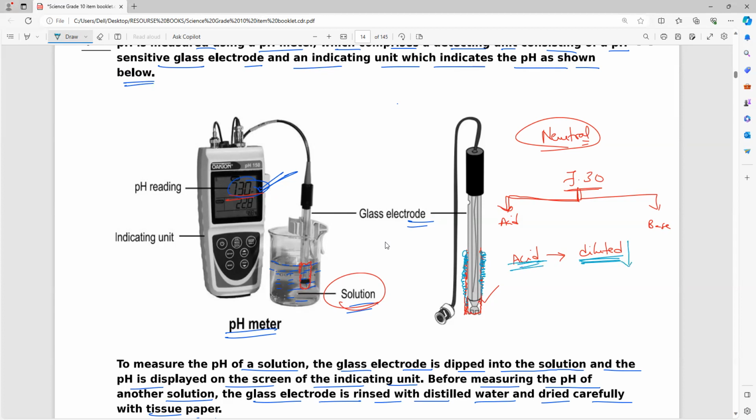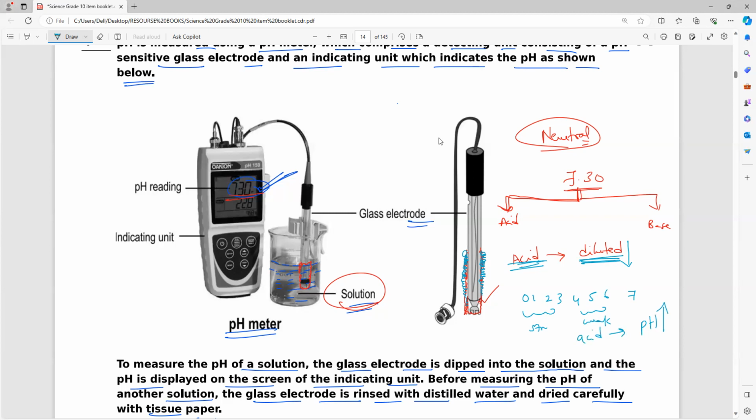If the acid is diluted, does the pH value increase or decrease? Anybody? 0 to 7, correct. 0, 1, 2, 3, we know are strong acids, and 4, 5, 6 we call weak acids. So now pH is increasing. So acid pH increases.